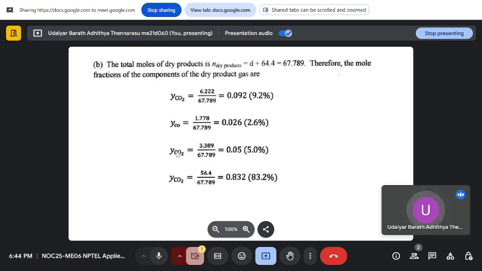And the 3.389 is oxygen, sorry, this is not CO2, this is oxygen, which is straight away given in the problem as 5%. So we will get the same. And next is nitrogen. Nitrogen will be 56.4 divided by 67.789, which gives you 83.2%.